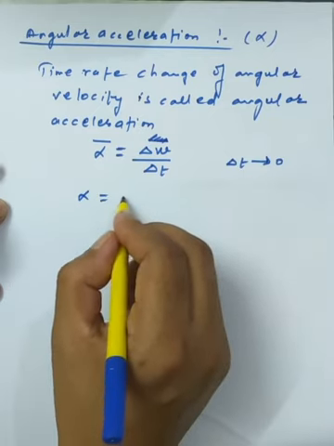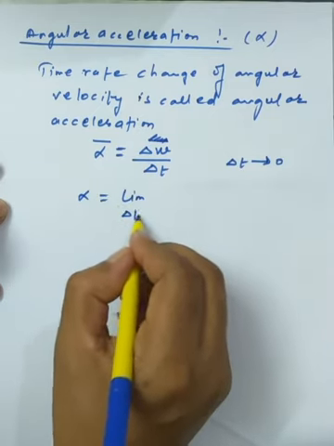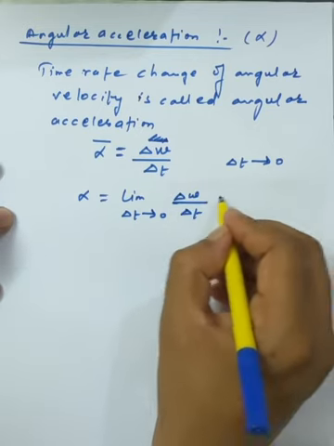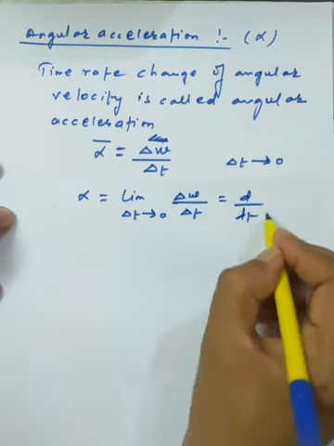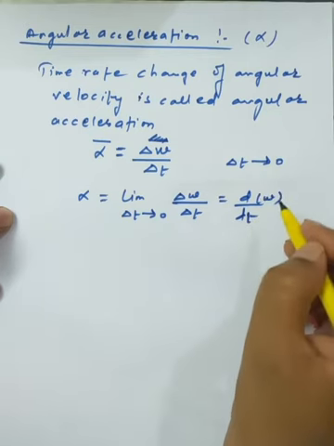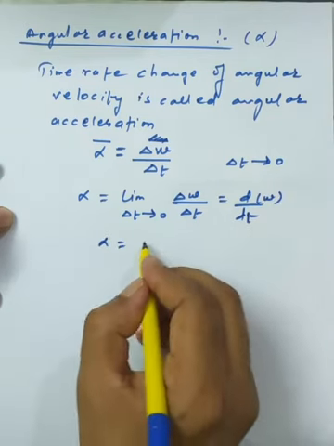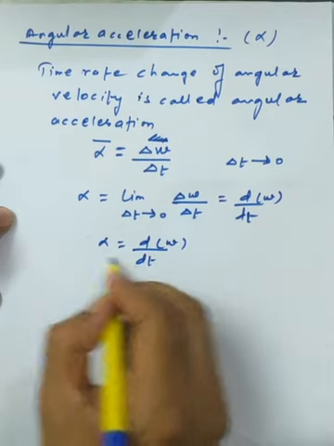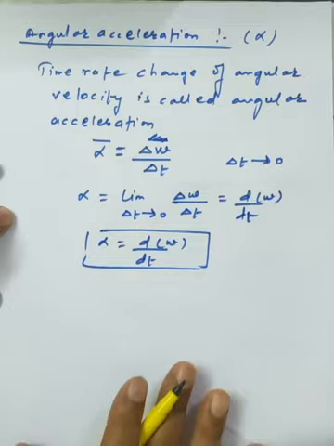So alpha can be stated as limit of delta t tends to 0 of delta omega upon delta t, that is d by dt of omega. So we are getting a symmetry with the formulas we discussed in linear motion. This is one of the basic relations we have.